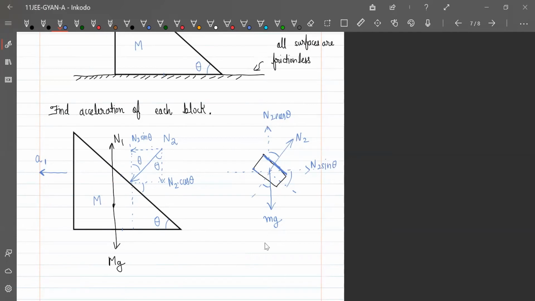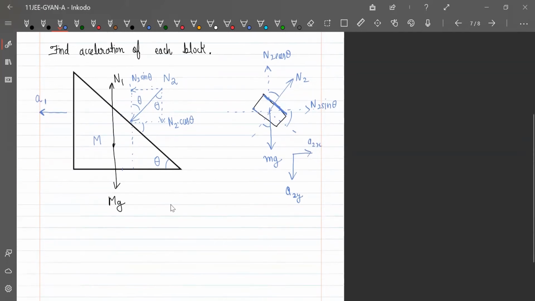But the block is also going downwards. So let us say there are two components of acceleration. One is A2y in the downward direction, and N2 sin theta will be responsible for taking it in the forward direction. So that will be A2x. So from here we can write equations.